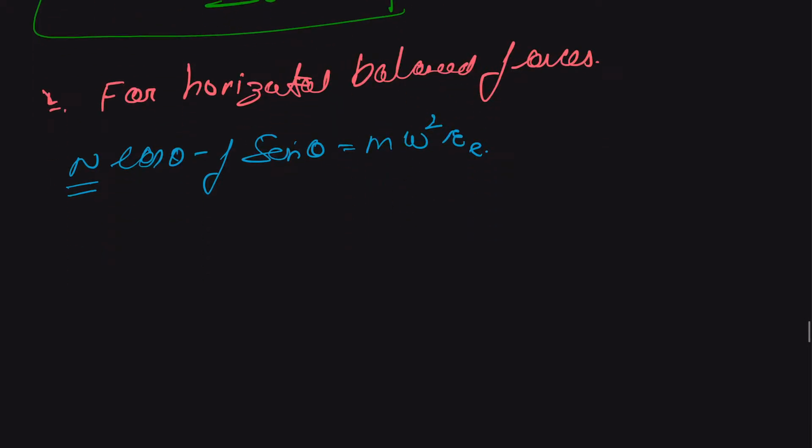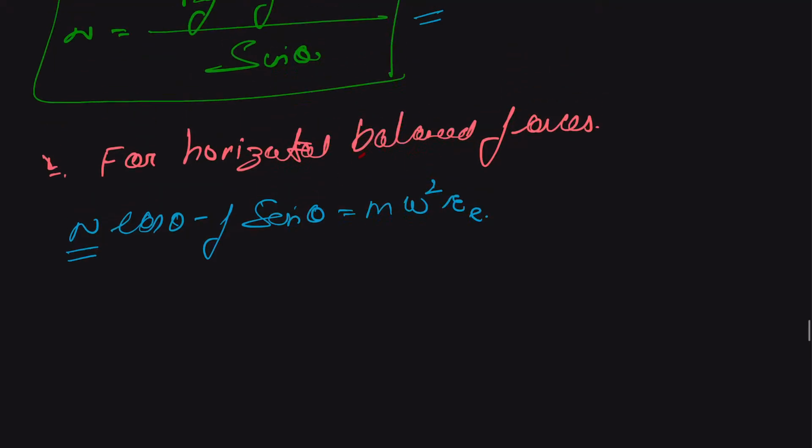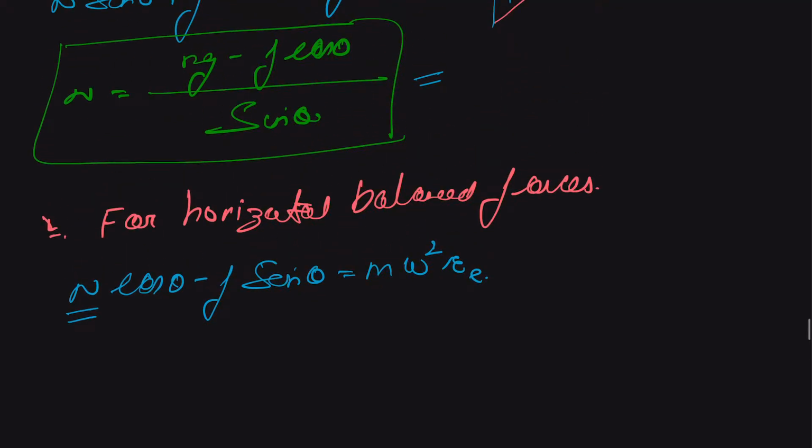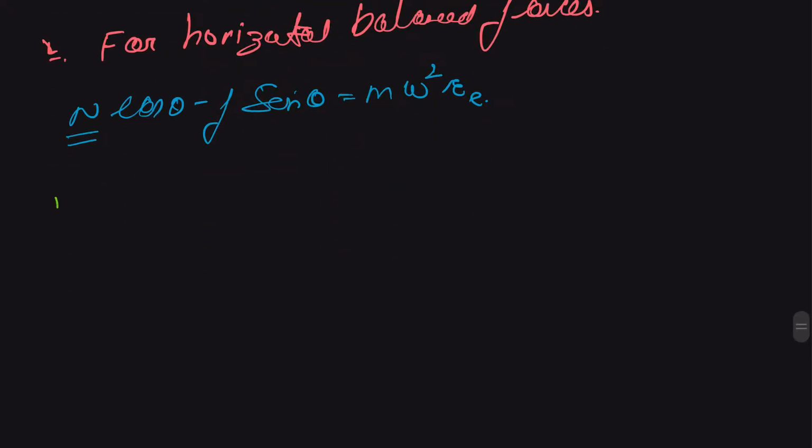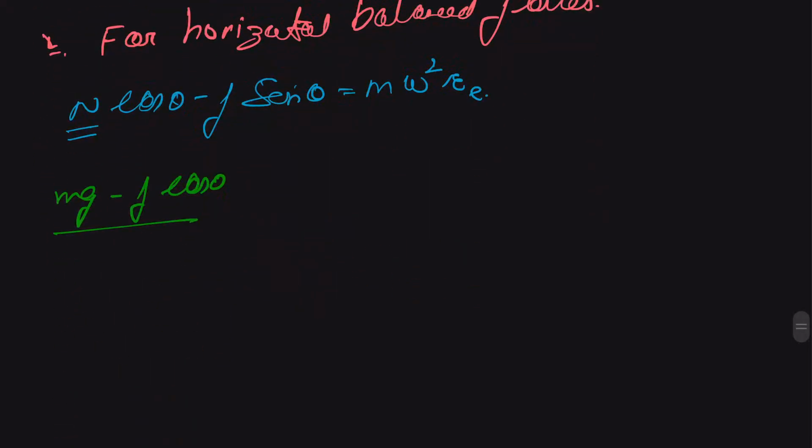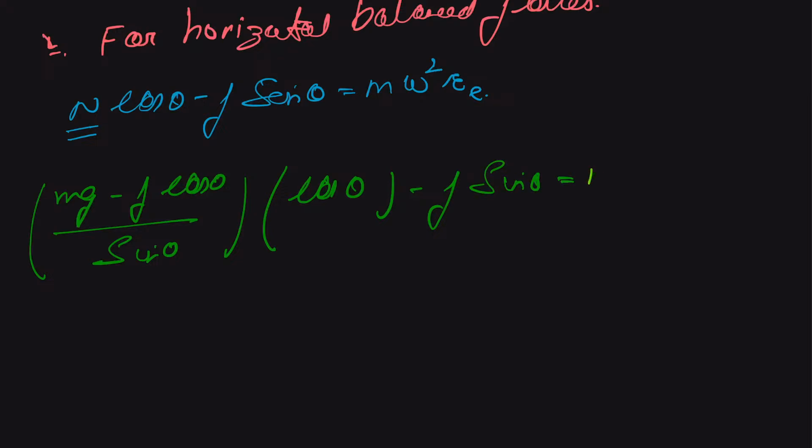Okay. Therefore we get that mg minus f cos of theta divided by sine of theta, and multiply by cos of theta minus f sine of theta is equal to m omega square Re.